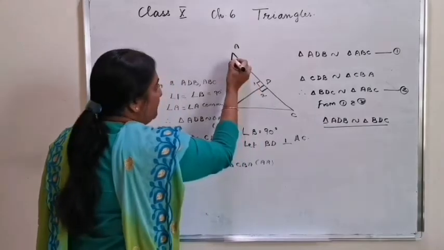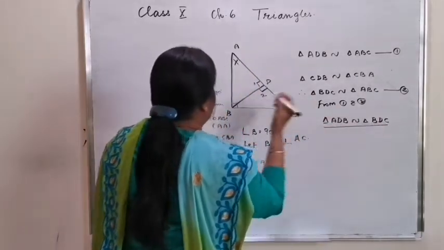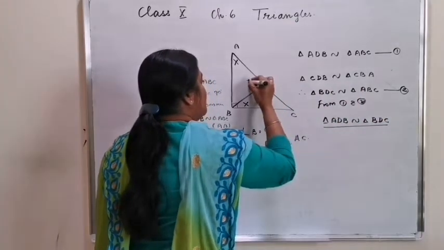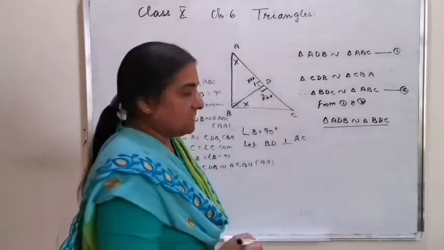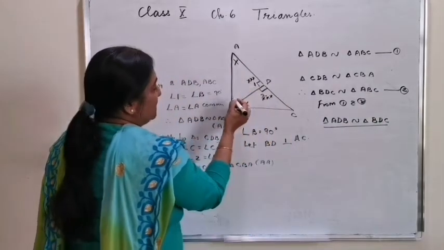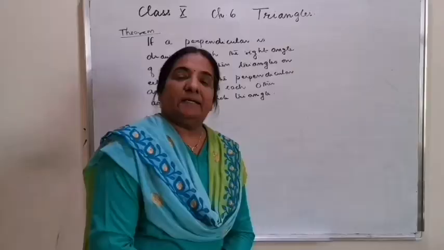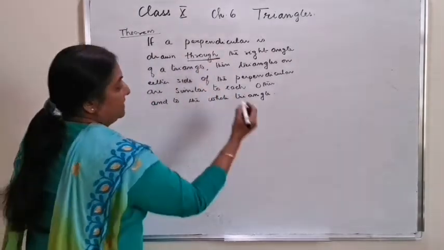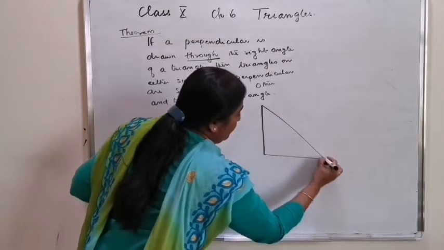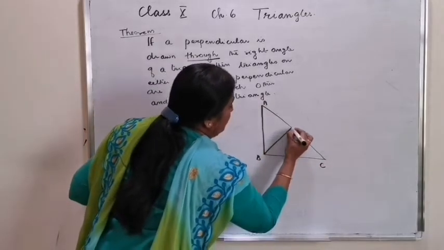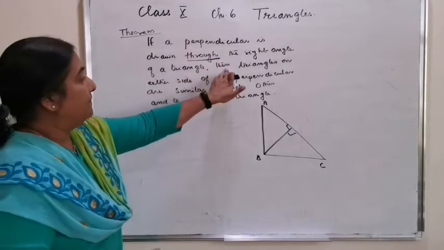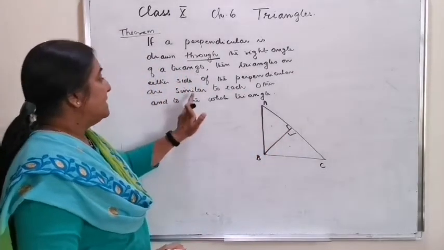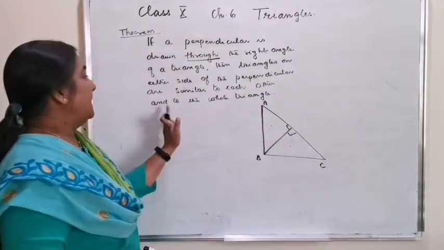That is, angle A corresponds with angle B, then angle D corresponds with angle D because both are 90 degrees, and angle B corresponds with angle C. See the position: angle B corresponds with angle C. That is, the theorem states that if a perpendicular is drawn through the right angle of a right triangle, then the triangles on either side of the perpendicular are similar to each other and to the whole triangle.